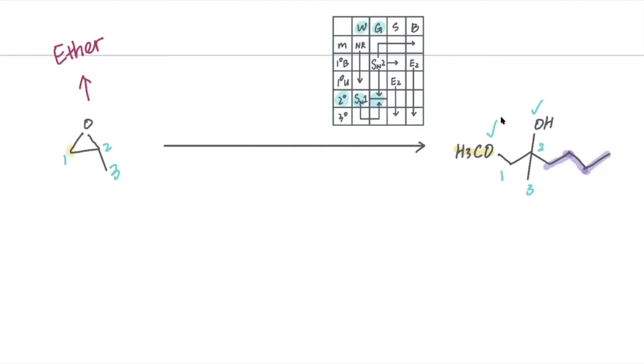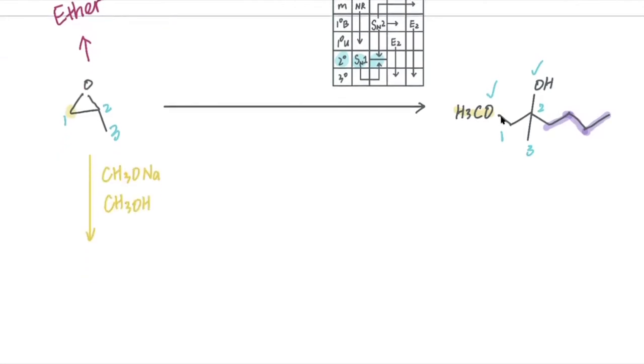So carbon number 1 is less substituted than carbon number 2. So although I don't know how the epoxide is opened, I know it must be, from methoxy being on carbon number 1, that it opened under basic condition. And I just need to find a suitable nucleophile. So that's the first step.